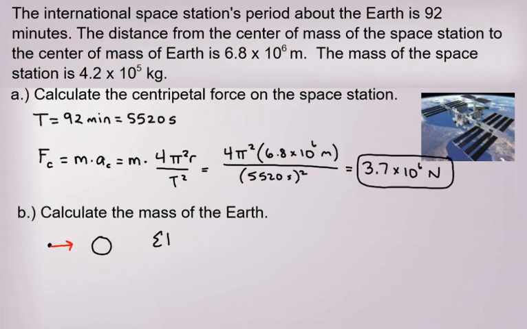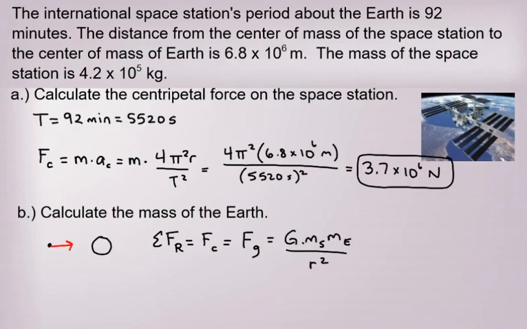So the sum of the forces in the radial direction on the space station is the centripetal force, which in this situation is going to be the gravitational force. And the gravitational force we just learned was G times m1, which we'll say is the mass of the space station, times m2, the mass of the Earth, divided by the distance between them squared.